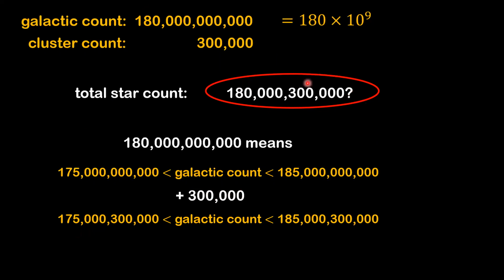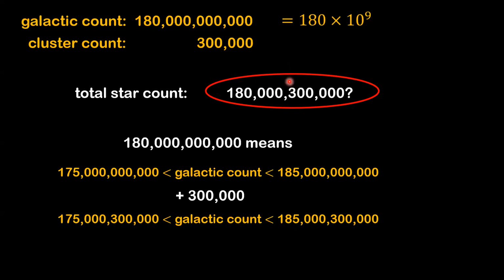It would be silly to write this. When you write this number, you're telling the reader that you actually know the number of stars all the way out to this digit, which is much more precise than only knowing it out to this digit. Now, I was going to save this rule for the end, but I may as well tell you now. Zeros that are sandwiched between non-zero digits are significant. These are significant digits. So we've actually got 1, 2, 3, 4, 5, 6.